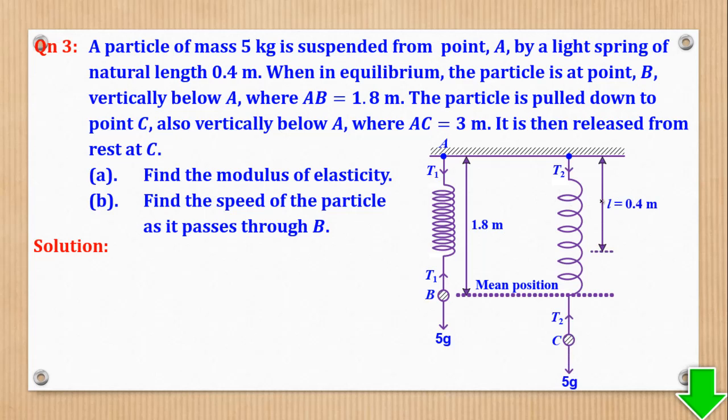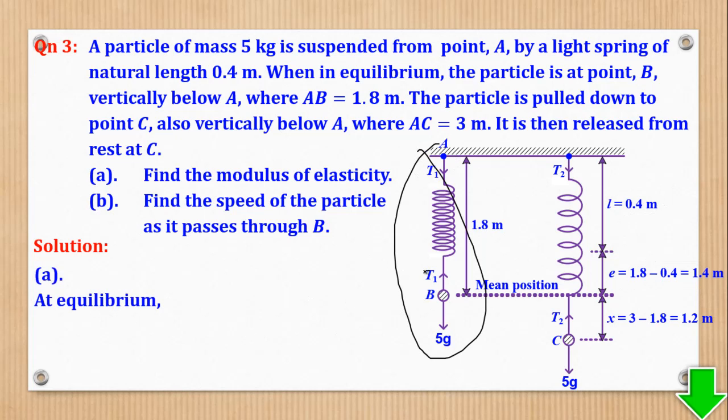Now here it is split. There is original length, there is extension at equilibrium, which is E. And there is also the extra extension, which is now called X. Remember I told you, at equilibrium we use E, then the further distance stretched will be called X. So now I can say at equilibrium, T1 is equal to 5G.